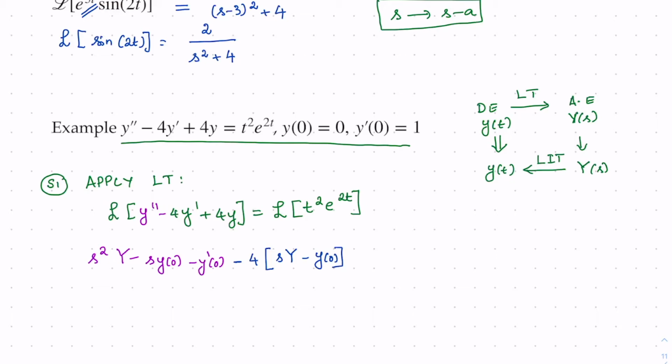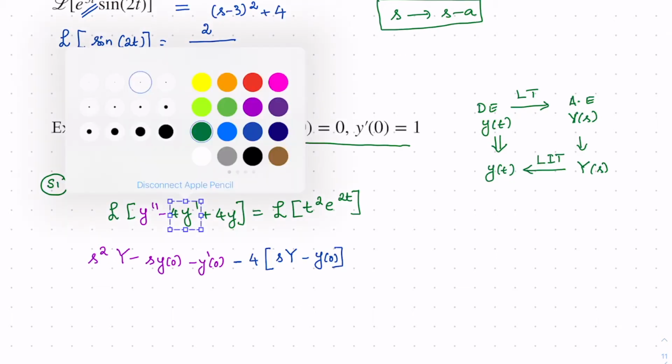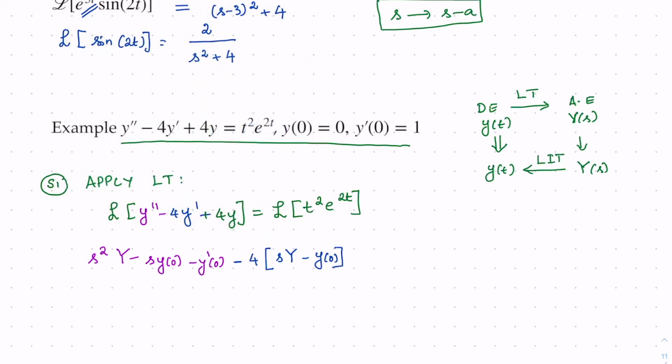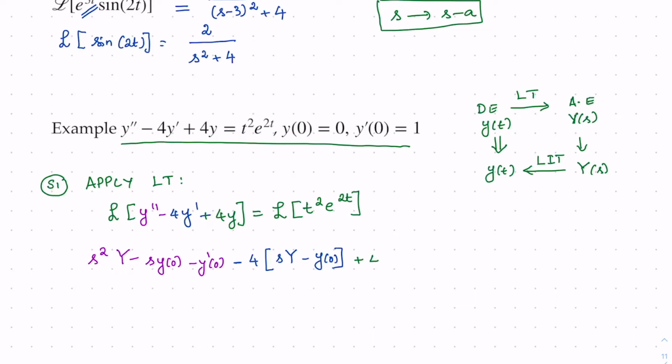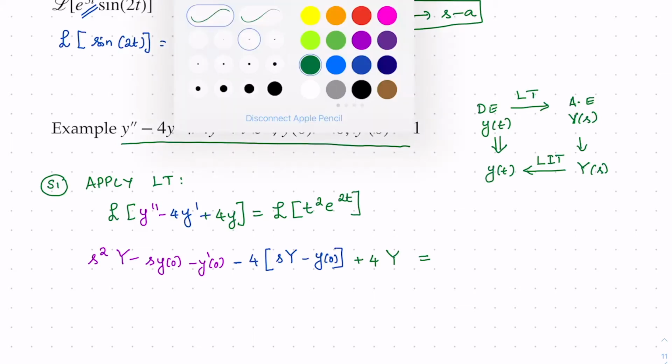And for the third one, if I keep the same color, this is going to be plus 4 times the Laplace of that, which would be cap Y, right, is equal to, now that I'm done with the left hand side, let me take a look at the right hand side. Let me change the color.